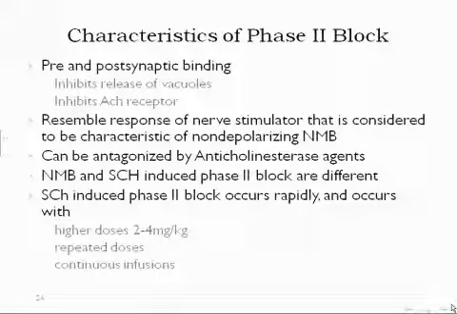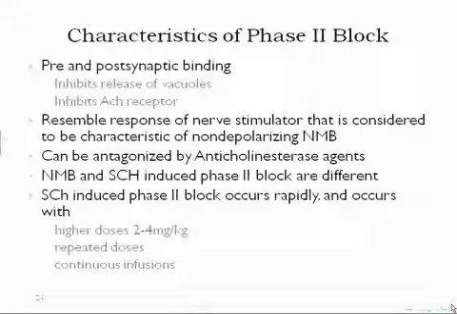So the first time you get a twitch, it's elevated, but for the next one, the calcium won't allow it to be passed, so you don't get the next vacuole release. So you get a diminution in vacuole release, and you get what's called fade as a consequence.